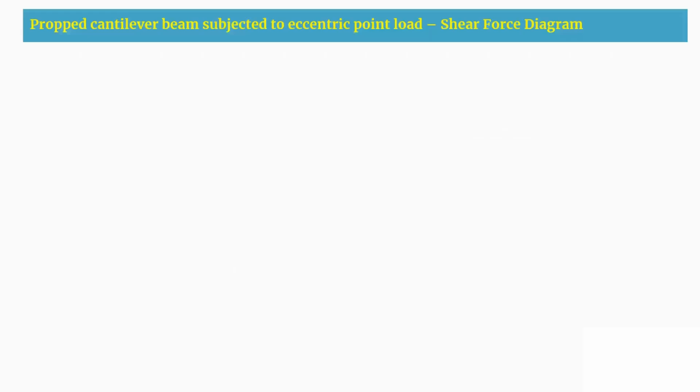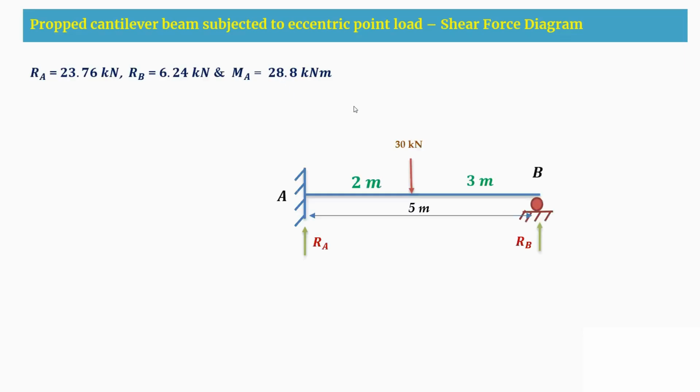After getting the moment and all the reactions, now we are going to draw the shear force diagram. For drawing the shear force diagram, first I represent all the reactions and the moment that I got earlier. Then we draw this figure, that is the propped cantilever beam.